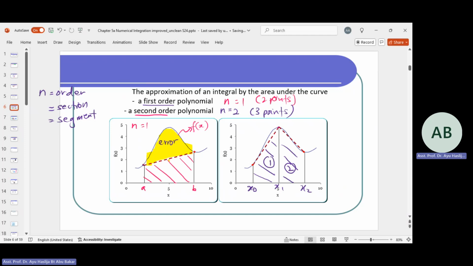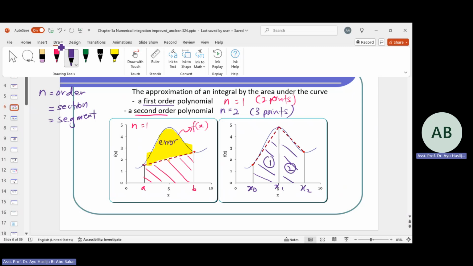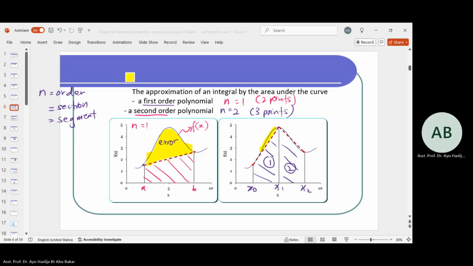Okay, here you can see when you have 3 points, 2 segments, your error is lesser compared to n equals 1. So this part is the error.